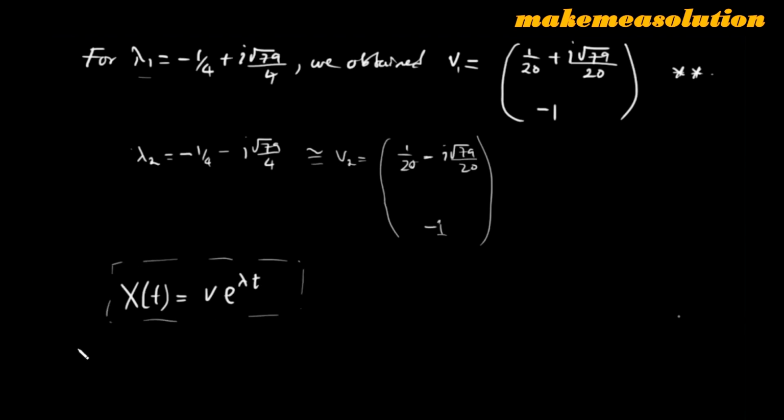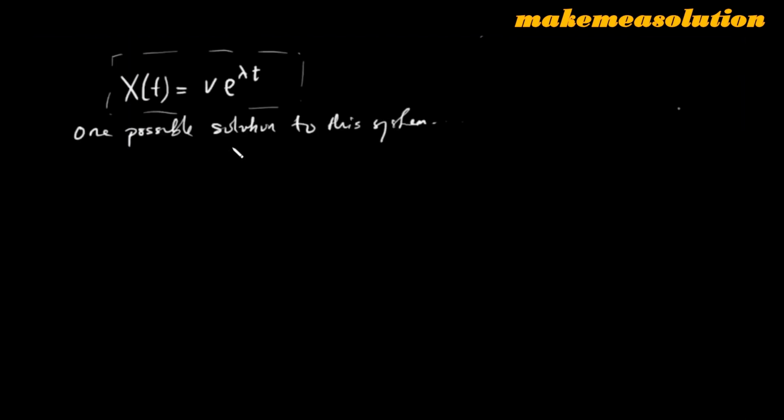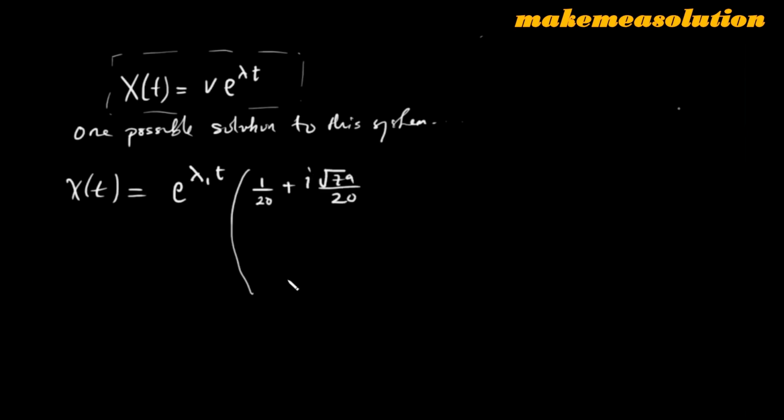So one possible solution to this system is going to be x of t equal to, you can leave the arbitrary constant for now, exponential lambda 1 t, and you now put the eigenvector that we just computed, which is 1 over 20 plus i root 79 over 20, and minus 1.